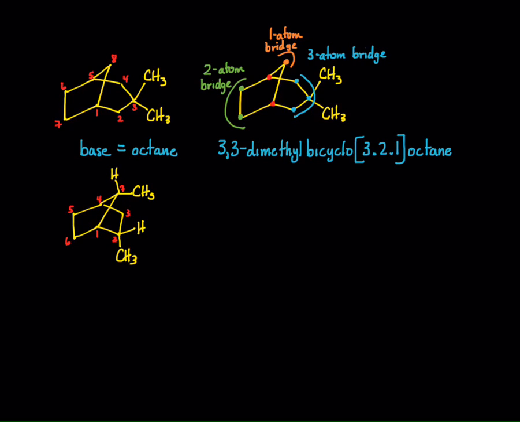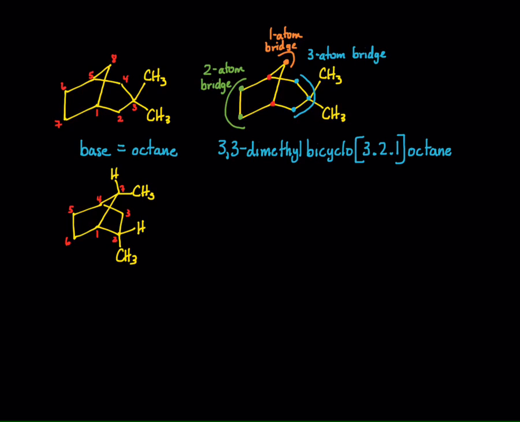Then I go along, C3, C4 gets me back to a bridgehead. Then I go to the second longest bridge, 5, 6, then I go to the shortest, 7. That's why that 1-carbon bridge is labeled C7. So that's where I get my numbering system.